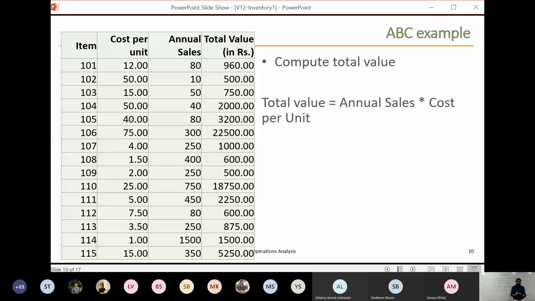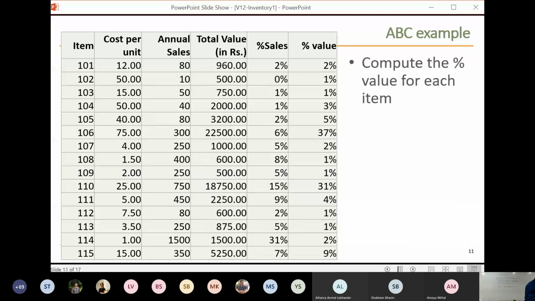So now, the idea of this entire ABC analysis is that we decide the percentage value contribution by each of those items, and then give priority accordingly. We compute the percentage value corresponding to the total value. Two clearly stand out: item 106 and item 110, which are 37% and 31% respectively.